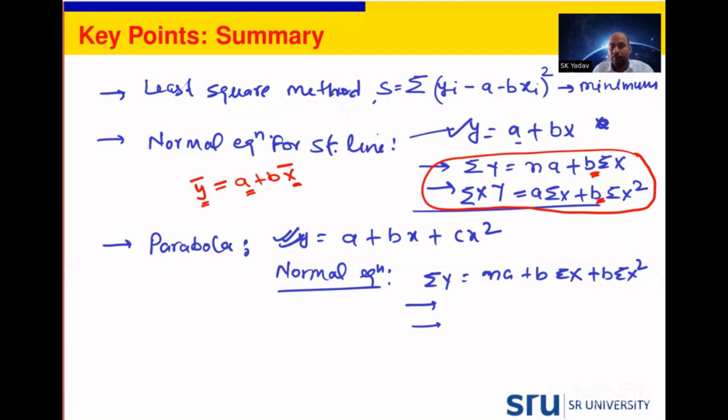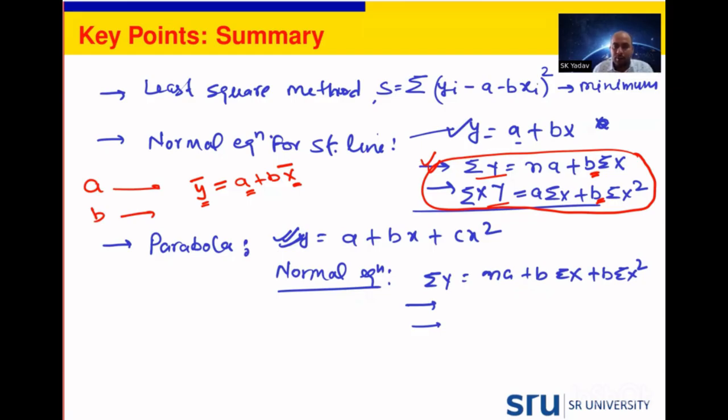This is particularly important when you have already computed the correlation, which I covered in the previous video. If you have not seen our previous video, you can see that one. Whenever I computed the correlation coefficient, I already computed summation y, summation x square, summation xy, these quantities. So for finding the best fit line, do not compute them separately. Use the table for the correlation coefficient computation and then compute a by this and b by the formula I mentioned.